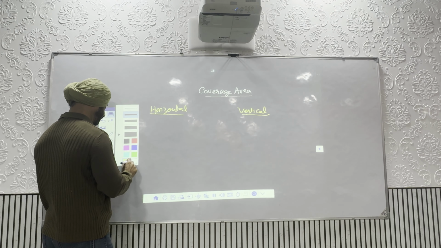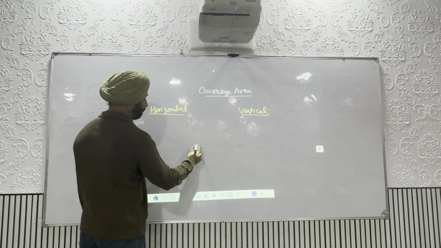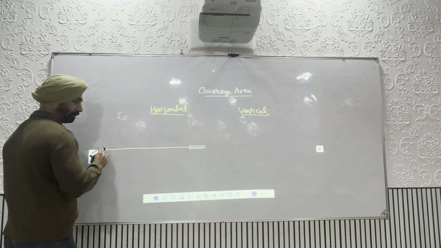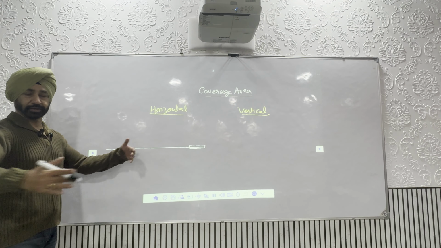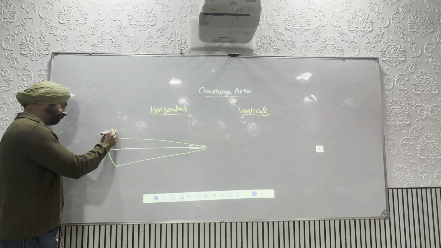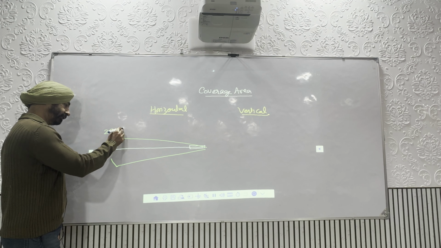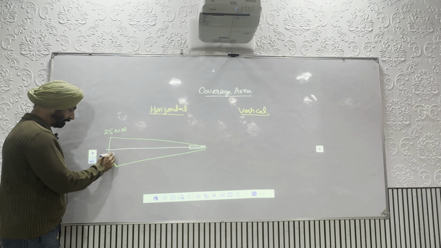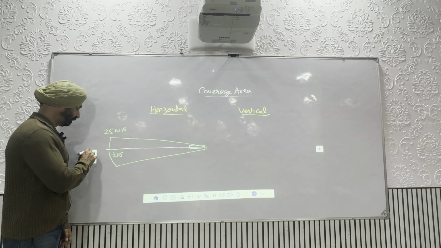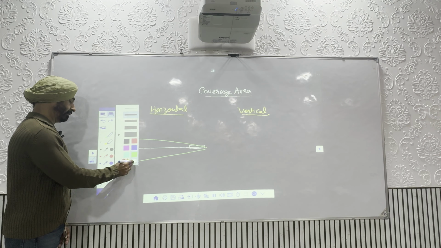So horizontally, as the aircraft is far, this coverage area is lesser, and as you keep coming closer to the runway, it keeps increasing. So up to 25 nautical miles, this signal can be received up to plus minus 10 degree either side of the extended center line.